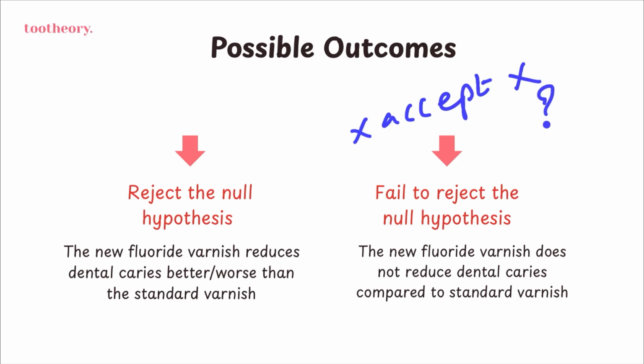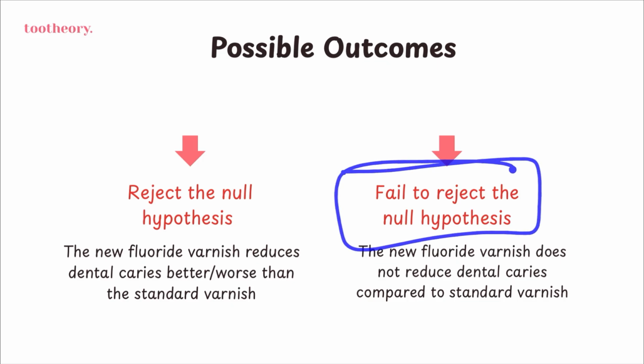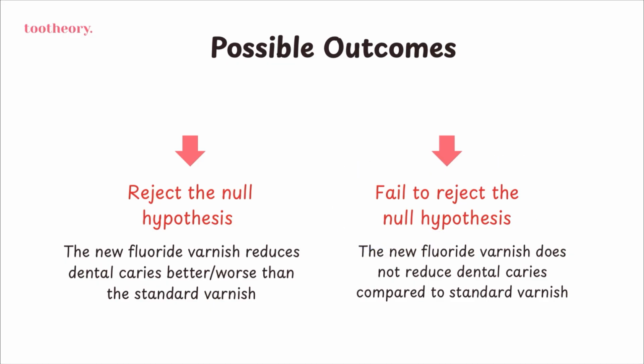Why didn't I say that? Because we never prove the null hypothesis is true. We simply say that we don't have enough evidence to reject it. So the correct phrase is fail to reject the null hypothesis, right? That is one thing you need to keep in mind: we never ever say accept the null hypothesis. That is the wrong terminology.